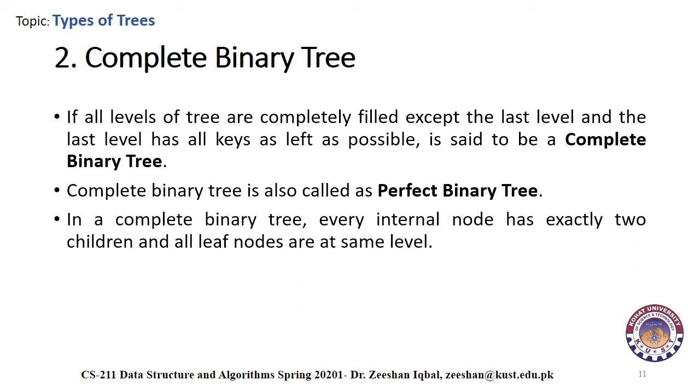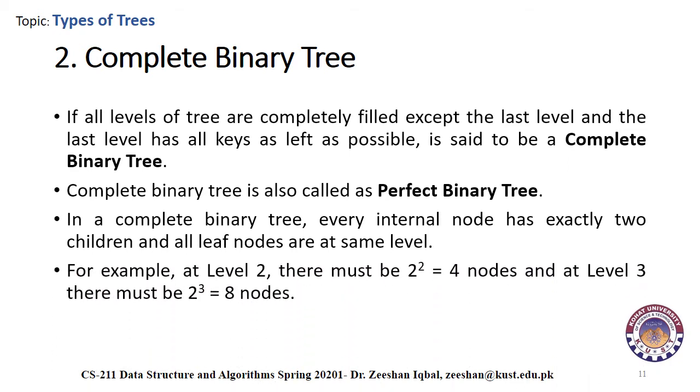In a complete binary tree, every internal node has exactly two children and all the leaf nodes are at the same level. For example, at level 2 there must be 2 power 2 = 4 children, and at level 3 there must be 2 power 3 = 8 nodes in a tree. Similarly, at level number 4, 2 power 4 is equal to 16. There must be 16 nodes in the complete binary tree.